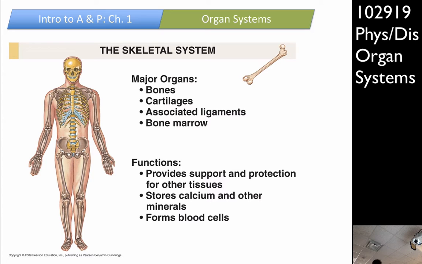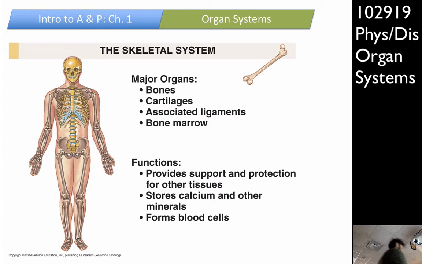I'm going to introduce a concept called homeostasis next time we have lecture, and then I'm going to give you an example of homeostasis in action, specifically calcium homeostasis and the role the skeletal system plays, and how that plays into different diseases. There's a lot you can tell about disease just by looking at calcium.